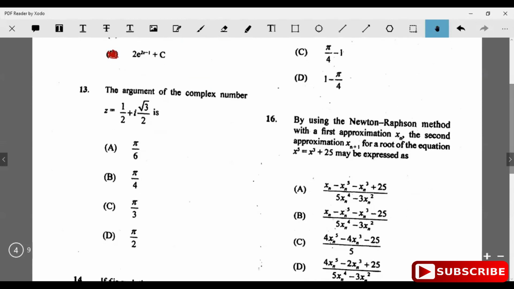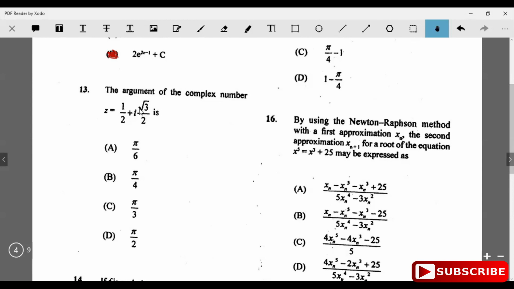And so now we need to find the argument of the complex number z. Find the argument of the complex number z, which is equal to 1/2 plus i times root 3 over 2.